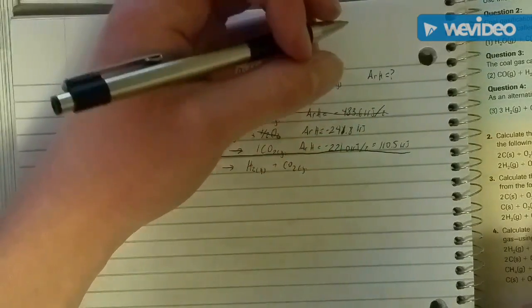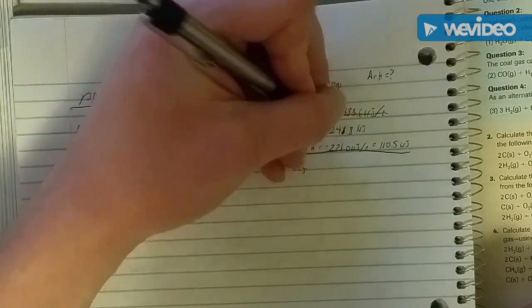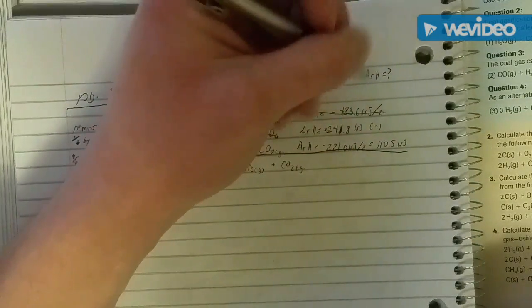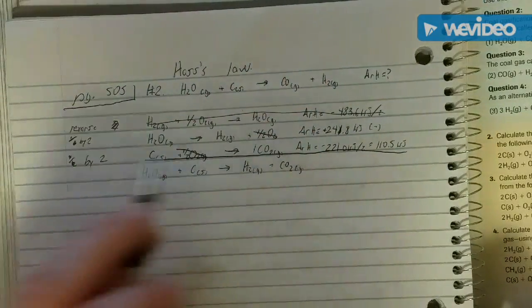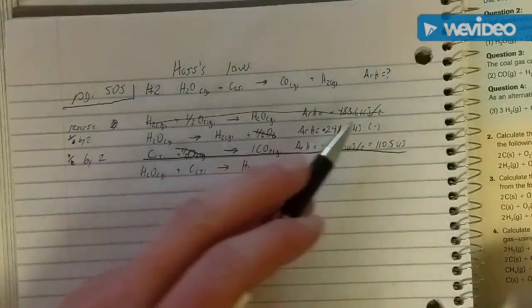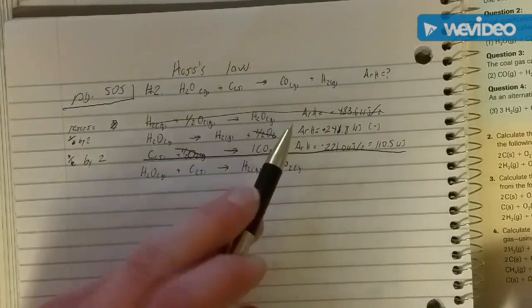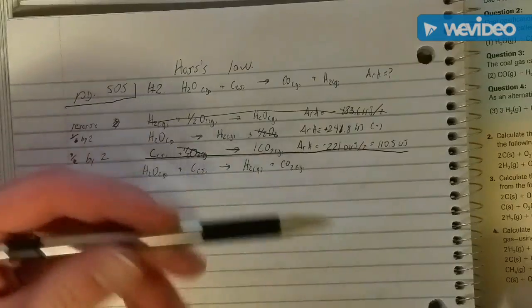And now, oh sorry, we forgot to change our sign in the second part. So when we reverse, if it's a negative, we make it a positive, and if it's a positive, we make it a negative. We just change the sign once we reverse it.